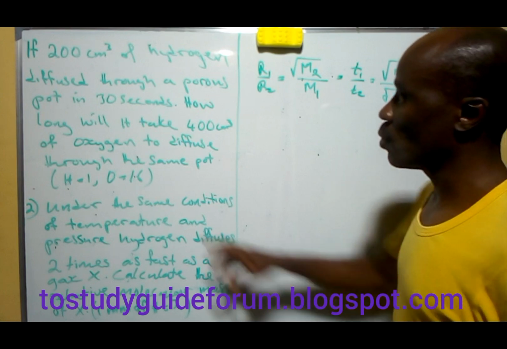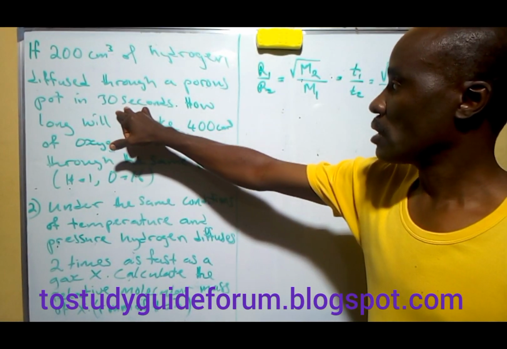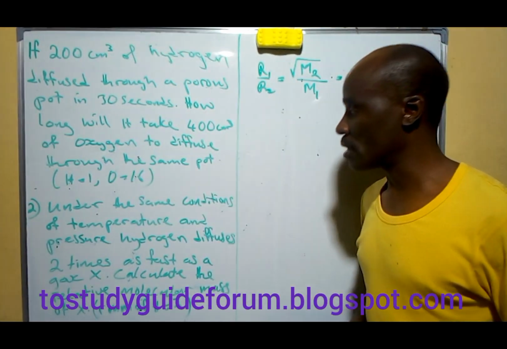But now we say that 200 cm cube of hydrogen diffused through a porous pot in 30 seconds. How long will it take 400 cm cube of oxygen to diffuse through the same pot?